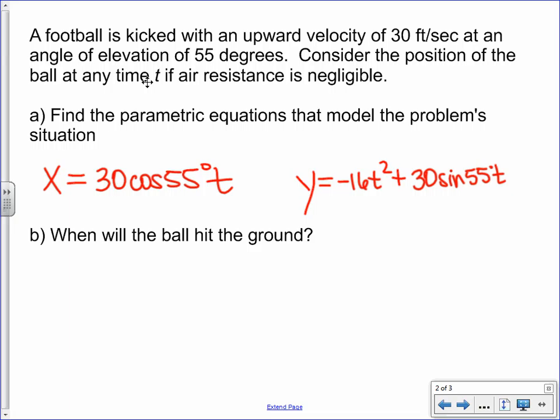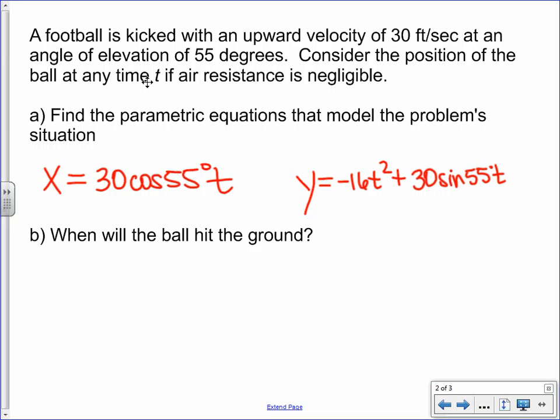When will the ball hit the ground? What does that mean? When x is 0, y is 0.